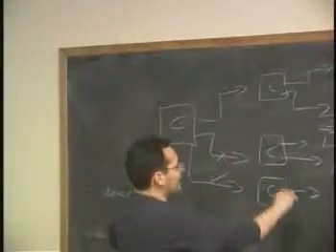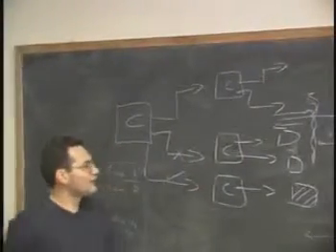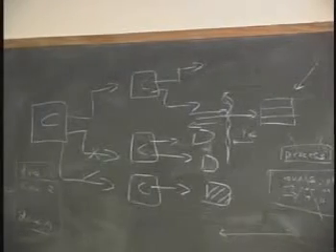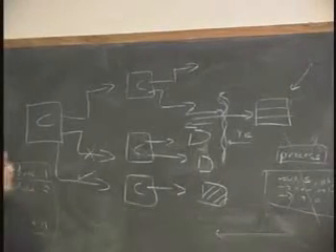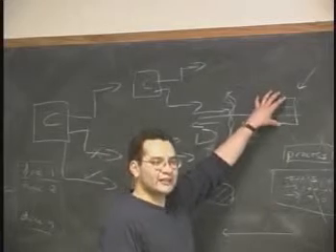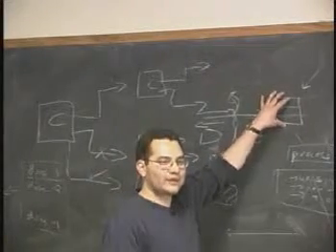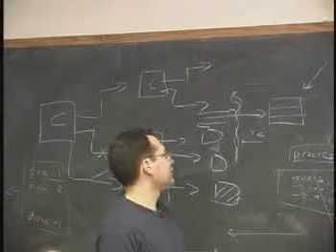Let's take a second look at nested transactions with the two-phase commit. Remember before when we were thinking about nested transactions, we talked about simple locking, having locks on resources.